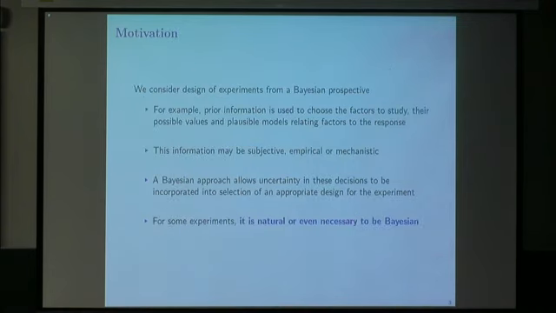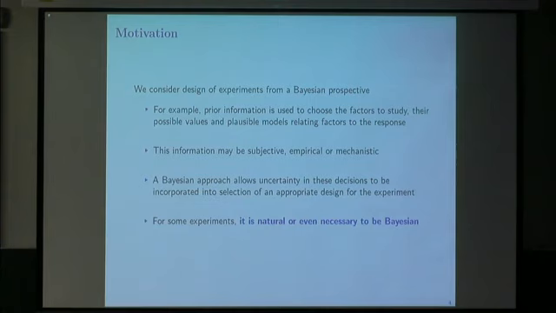We choose to follow a Bayesian approach because before we are going to conduct any experiment, we usually have available prior information about the factors that we are going to use, their possible values and possible models that connect the inputs with the outputs. So this information may be subjective, empirical, or mechanistic.